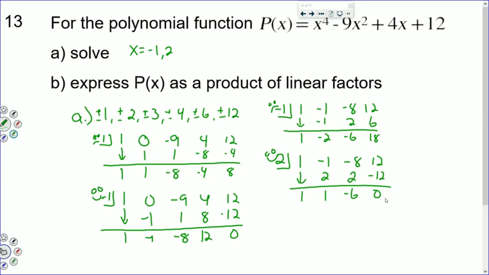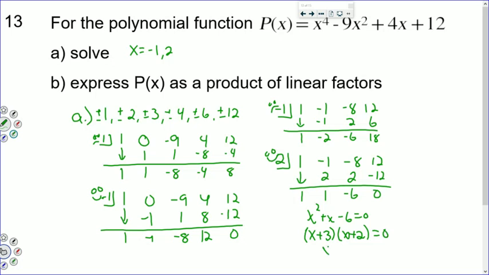And now we have a quadratic. X squared plus x minus 6 equals 0. So are there two numbers that multiply to be negative 6 that add to be 1? Yeah, absolutely. So x plus 3 times x minus 2 is the factored form of this guy.